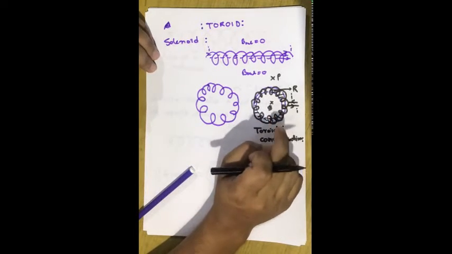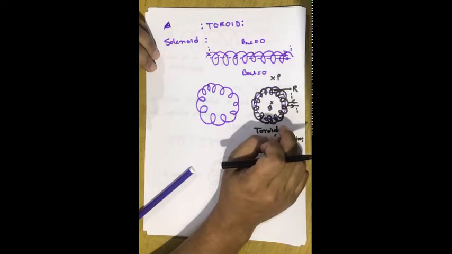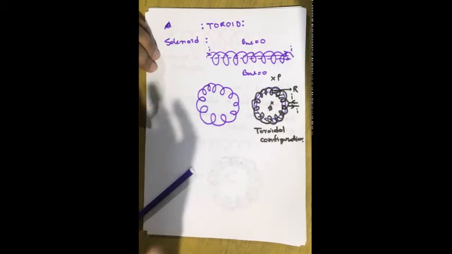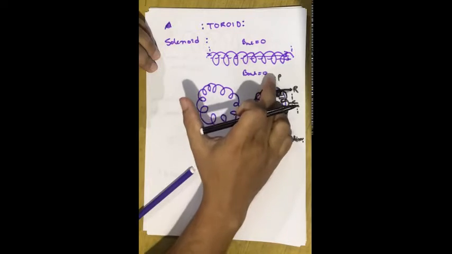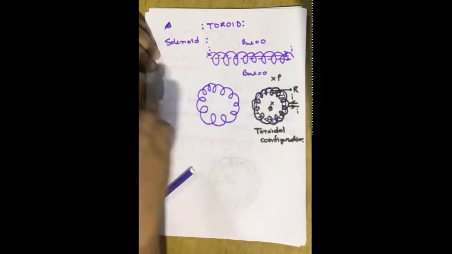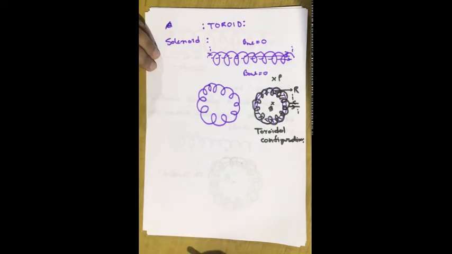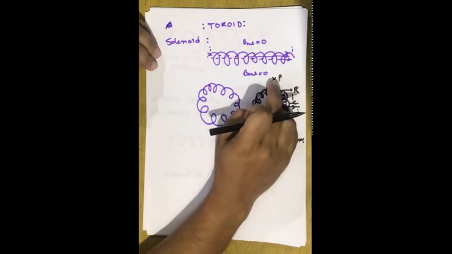Now since the toroid is a symmetrical configuration, in the form of a circle, selection of Ampere's loop in this case is very easy. Basically we are going to choose a circular Ampere's loop so that it encloses the current I. So first let's do it for the region at the point P.